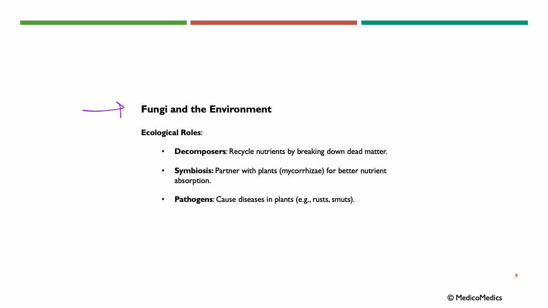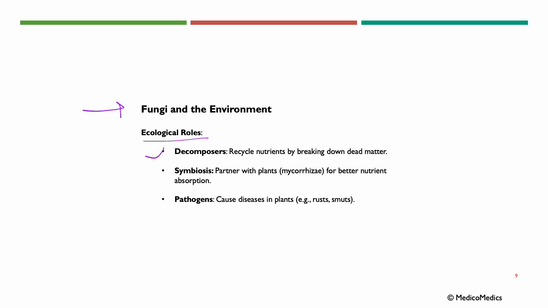Fungi and the environment. Ecological roles. So fungi are nature's sort of cleanup crew. They break down dead things and help plants to grow. But they're also sort of troublemakers in agriculture, specifically causing plant diseases that can actually ruin crops.